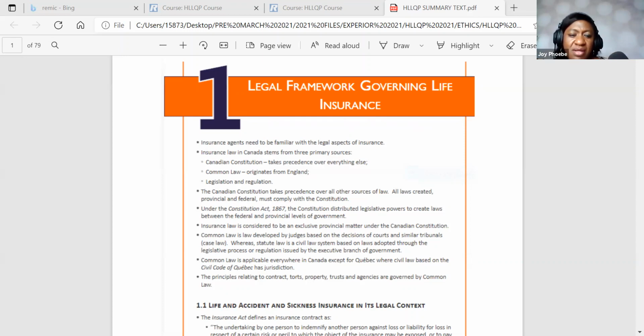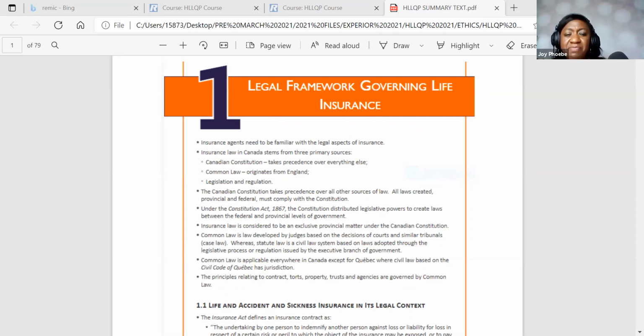Now, the group insurance is restricted to the employees of that company or members of the group, such as a union or associations. For you to take part in this policy, you have to be a member of the group.